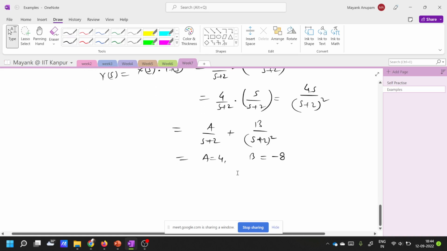Let's quickly see whether it is right or not. So if A is 4, then basically 4s, this will become 4s plus 4 times 2, that is 8, minus 8. Yes, this is indeed correct.